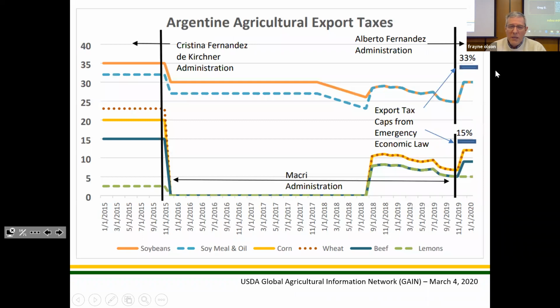I do also want to make a quick comment. One of our major competitors for soybean meal is obviously Argentina, the largest meal exporter in the world. As we go through this coronavirus, and I want to bring it up as food for thought, it is putting a tremendous strain on economies.